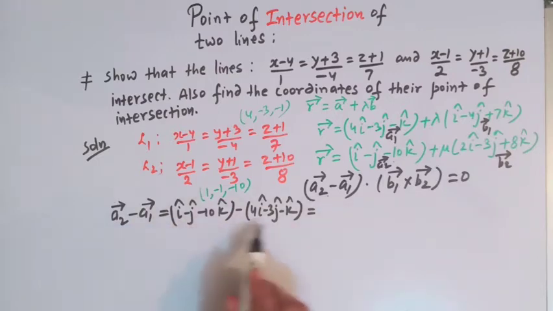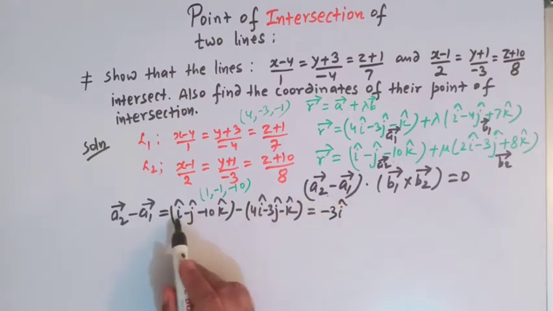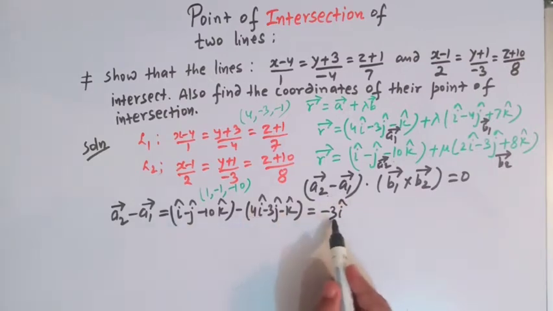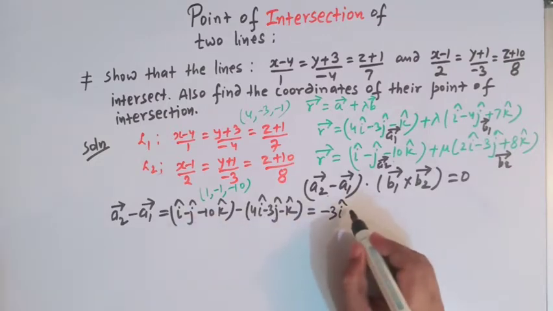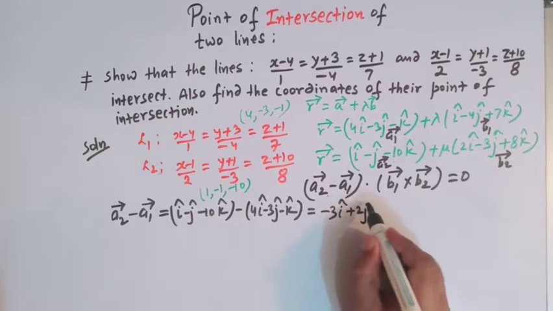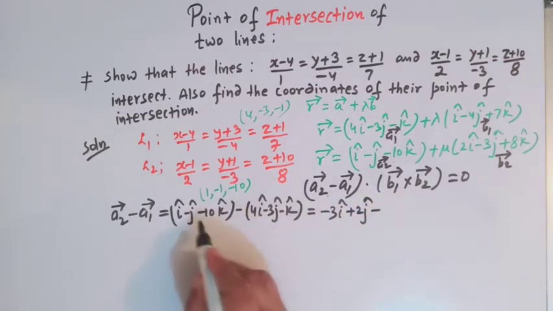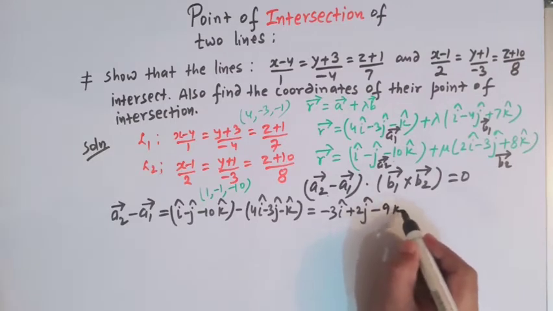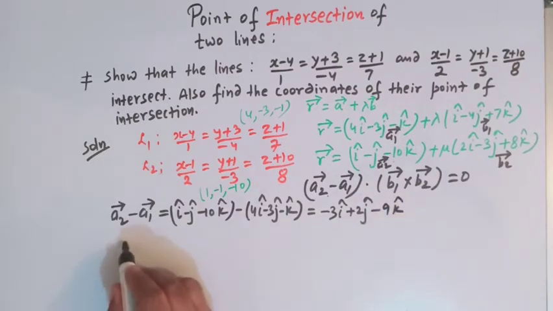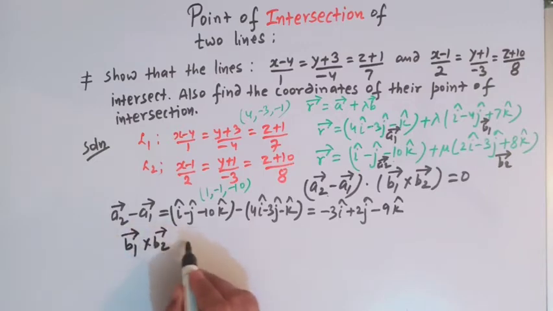Here we have substituted the values. So we have minus 3i cap, since 1 minus 4 is minus 3i, then plus 2j cap, and then plus k and minus 10k, so we have minus 9k cap, right? Now we have to find B1 cross B2.